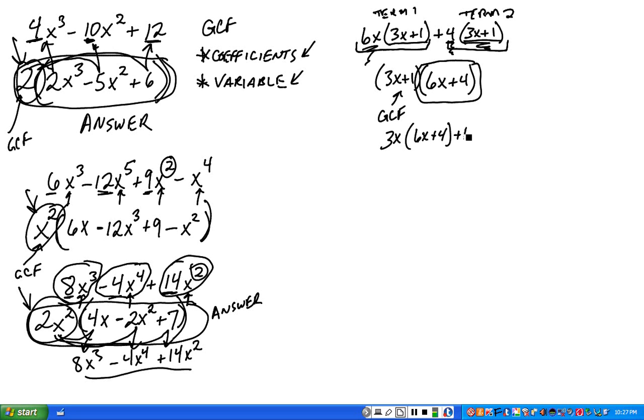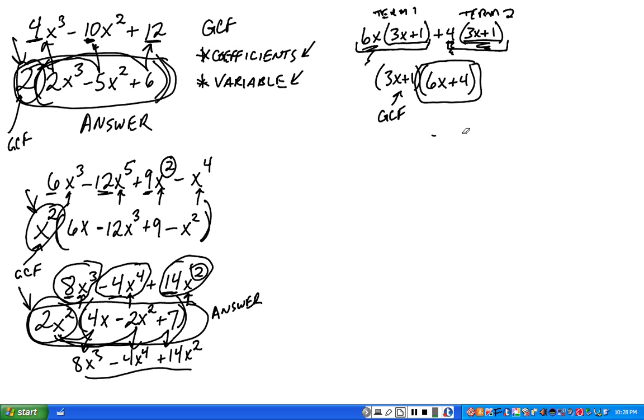Then I'd say plus 1, and multiply it by 6x plus 4, which is going to give me the same thing that I have up there. Or a better way to do it, let me do this.